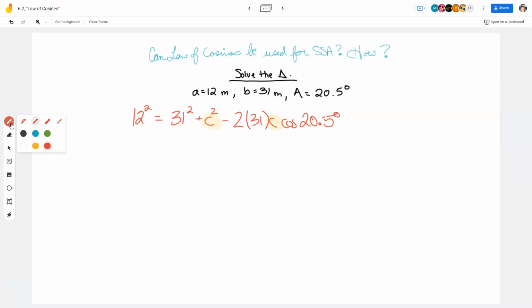Your little c squared needs a cosine of C, or your cosine of C has to go with a c squared. I need these to be bookended. I can't go making up a new variation. I need whatever angle I have to match whatever side I'm using.